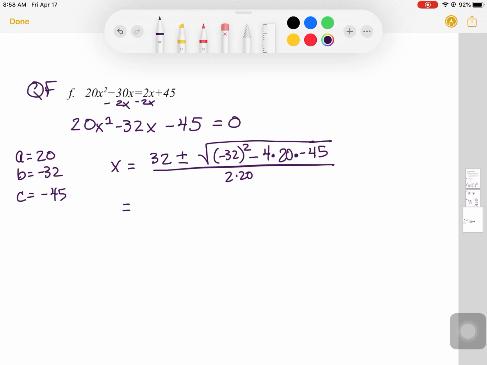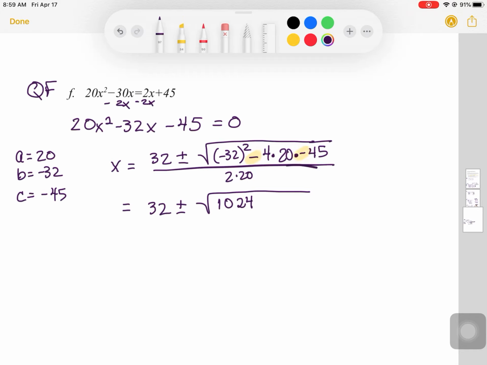And now I'm going to start my simplifying. So I have 32 plus or minus the square root of 32 squared, which is 1024. Now, here's where you've got to pay attention. You've got a minus sign here and a negative sign here.